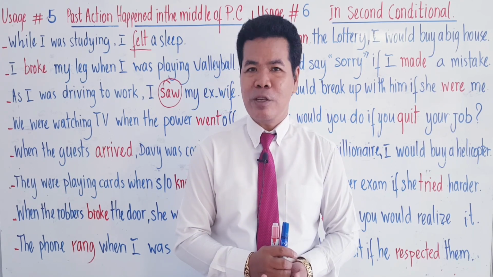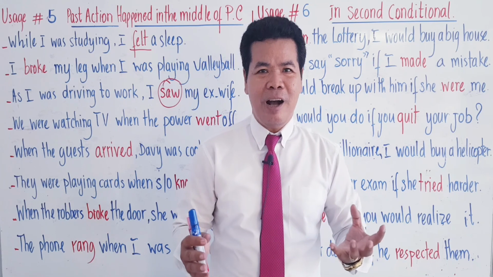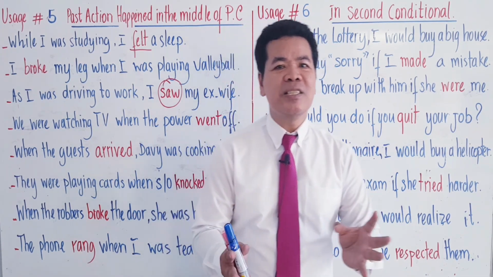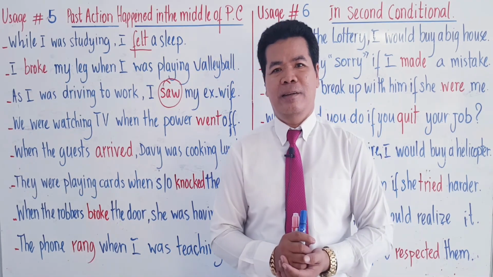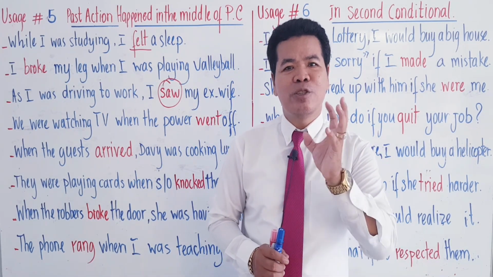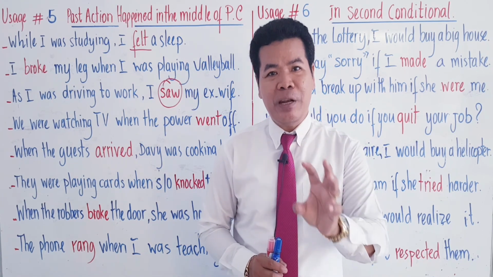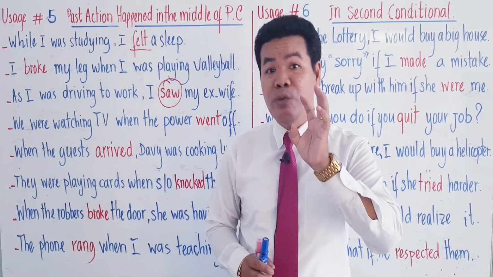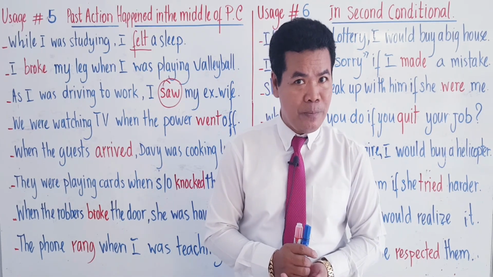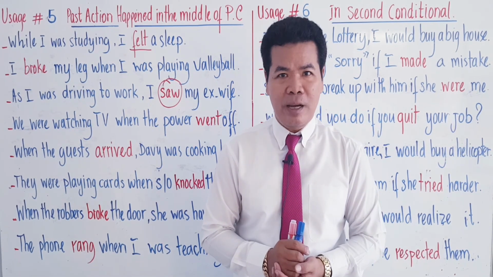So I would like to say sorry for some parts of the uses of the past simple. We are learning today, we still have not learned the other part of that. For example, we use the past simple to talk about a past action happening in the middle of the past continuous. We still have not learned about the past continuous. Is it right? Of course, we still have not learned.